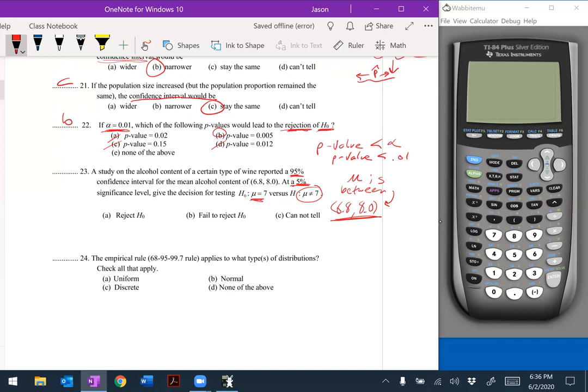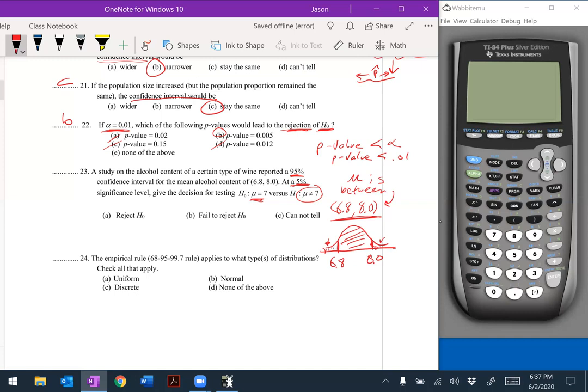So at a 5% significance level, which is the area of rejection, having a 95% confidence interval going from 6.8 to 8.0 is the same thing as having a 5% area of rejection for a hypothesis test.